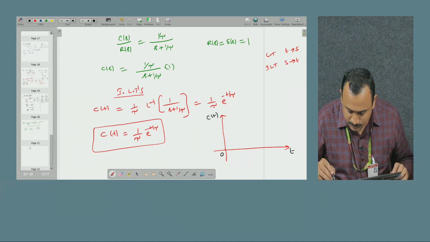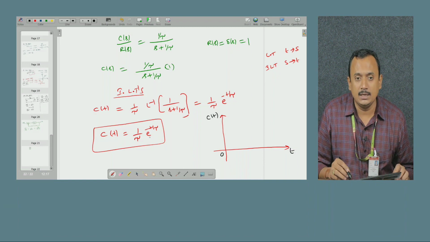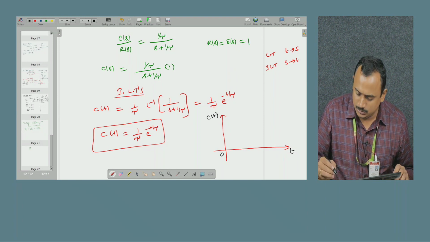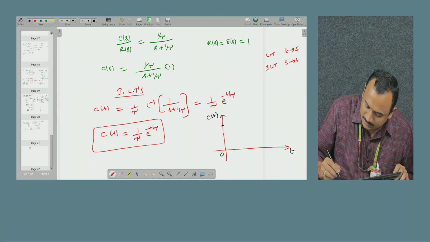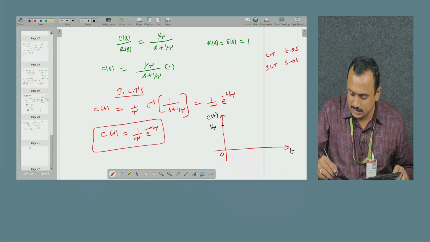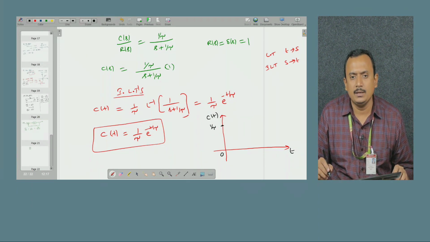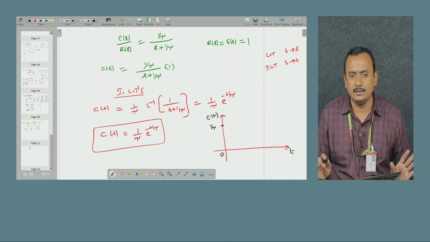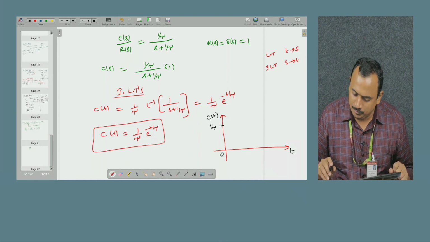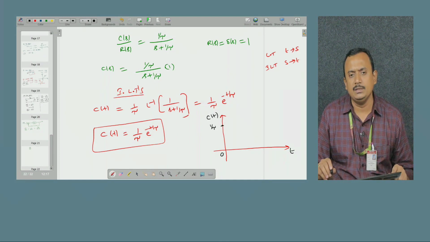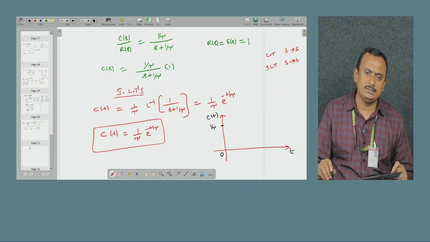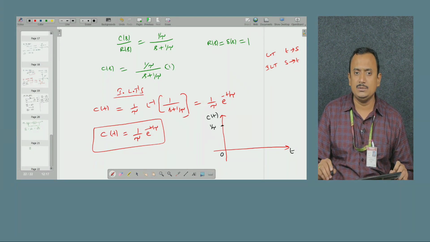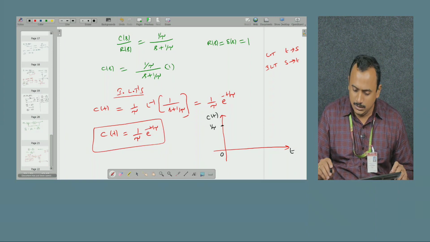At t equal to 0, e power 0 is 1, so you will have 1 by tau. So at t equal to 0, the magnitude is 1 by tau, and as time increases, in the ideal case at t equal to infinity, e power minus infinity is 1 by e power infinity, that is 1 by infinity, which is equal to 0.